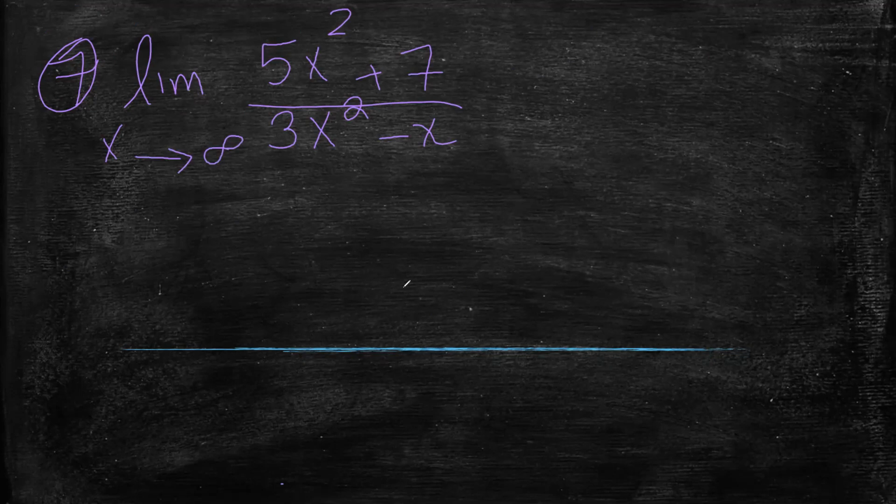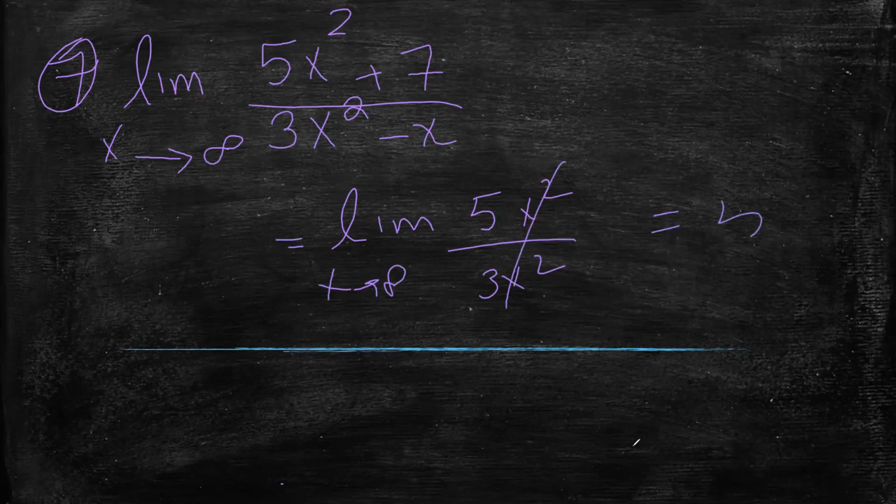Okay, it will be a limit of 5x squared over 3x squared. Then we're going to simplify it. So it is going to be 5 over 3. Thank you, Darin.